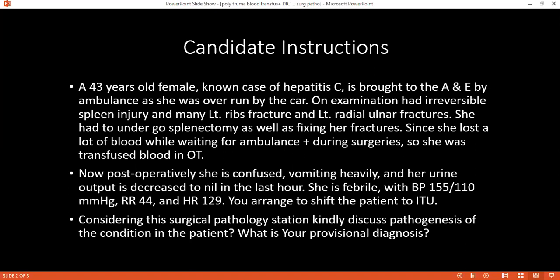Very good. And then how would you manage that? Drain the pus, debridement, and remove the implant if the fracture is stable. Good. Excellent. Thank you. Today it was good.